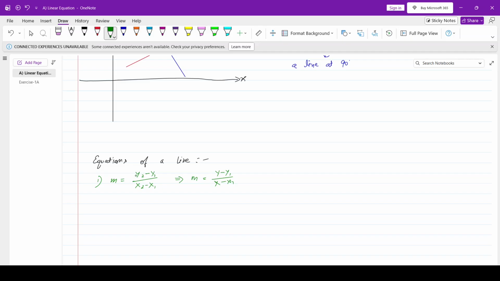So rather than calling a point y2, I'm calling that point simply y, and rather than calling a point x2, I'm calling that point simply x. Can we write the same equation as m into x minus x1 is equal to y minus y1?